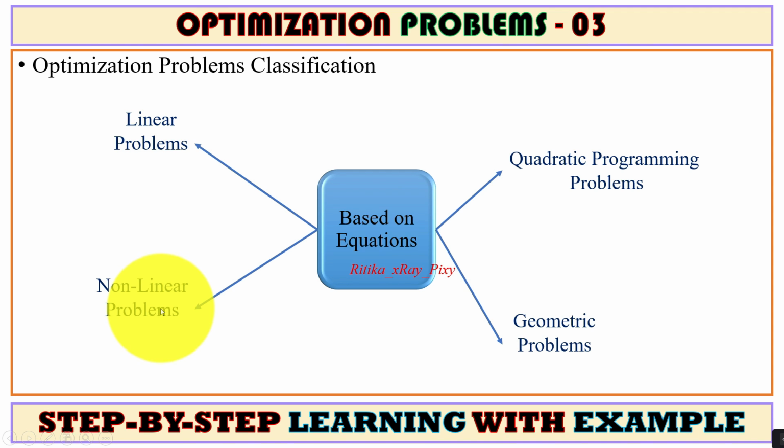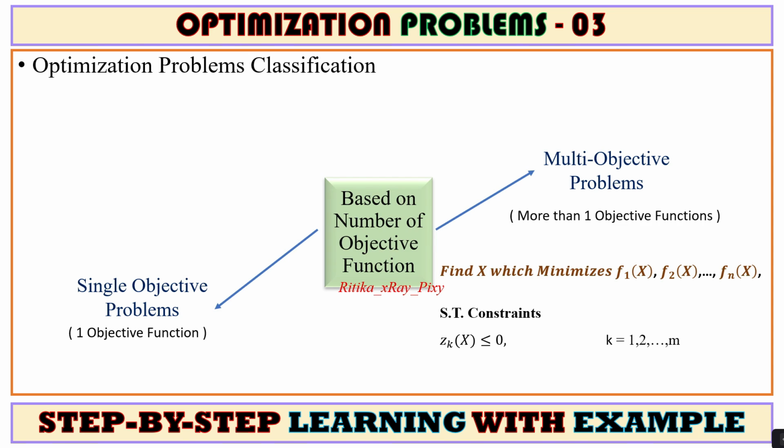In nonlinear problems, we have both objective function and constraints nonlinear. In geometric problems, we have both objective function and constraints polynomials, and here we have the objective function quadratic and constraints linear.